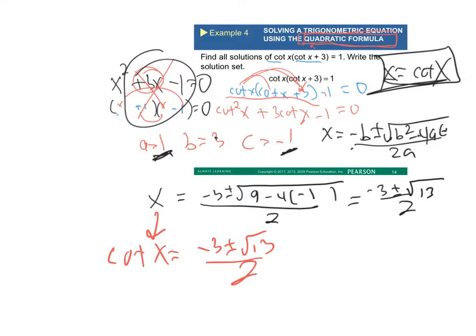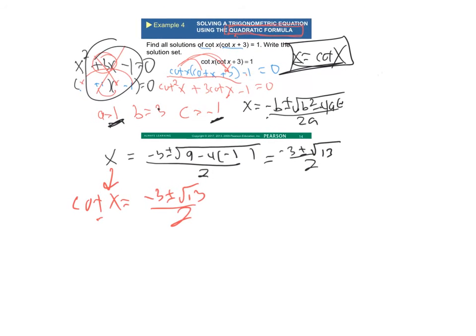I'll be honest with you, I don't know the answer. Even if this was tangent, I don't know this number. It is not a special angle. It's not on the unit circle as far as a special place. So this is a calculator problem. So I'm going to go to my calculator, and you're going to do it too.